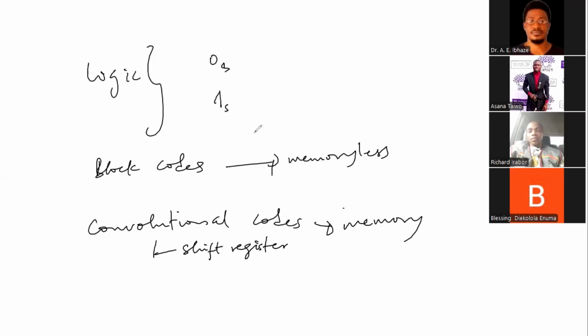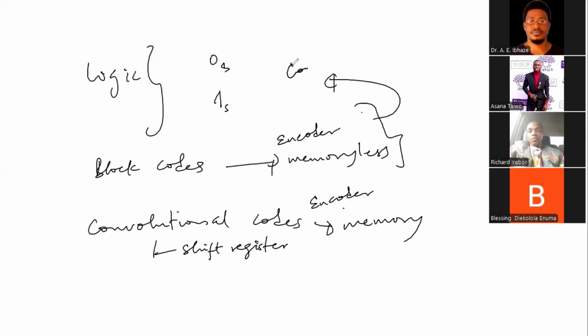Now, the block code encoder is memoryless and the convolutional code encoder has memory based on the fact that it uses shift registers. Let us go back to our digital communication. How do we implement such systems using hardware?